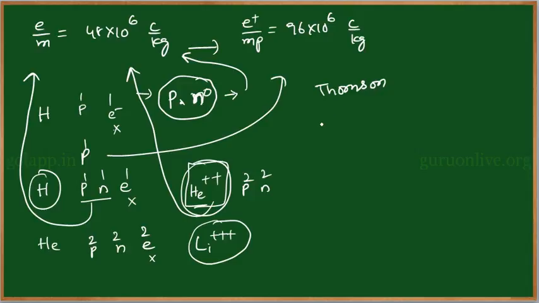When he was doing this type of experiment, he accelerated some beamed particles towards perpendicular fields. So he came to know that the atom is divisible and electrons are the particles which are inside the atom. So he came to the plum pudding model. So this is the experiment he did. We worked on that problem to get the charged particles that are projected inside those perpendicular fields.